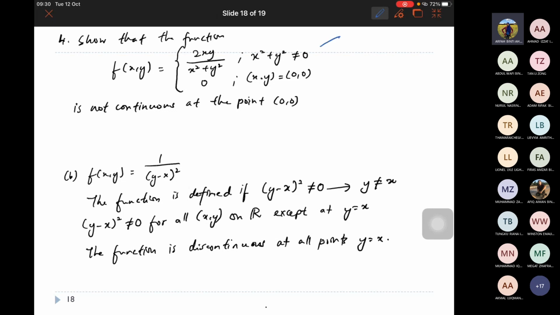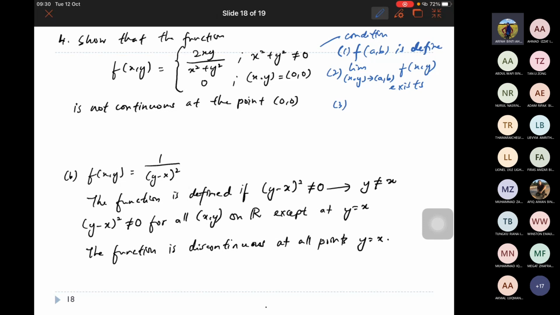Okay. So kita ada condition 1, f(a,b) is defined, and then condition 2, okay, the limit of x, y approaches a, b, f(x,y) exists.